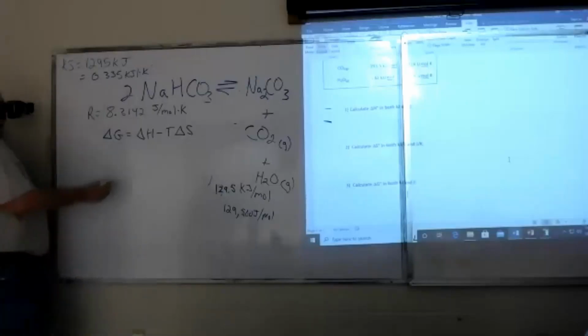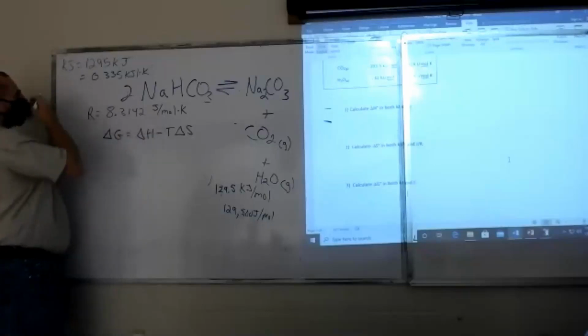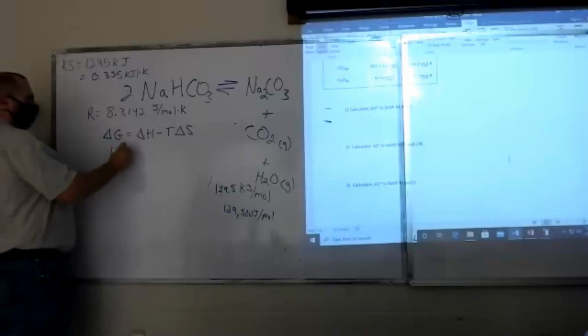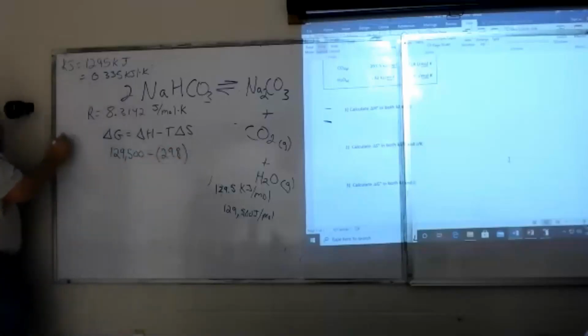So this one's not too bad. Let's do joules. This was 129,500 minus temperature was 298. And that's at 25 degrees Celsius, which is 298 Kelvin. You'll see this a lot in our examples.